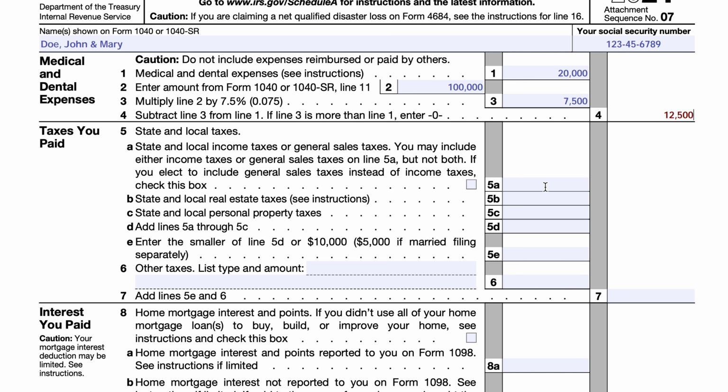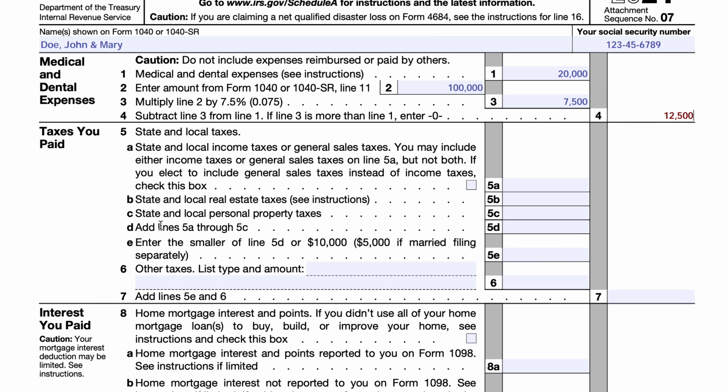On line A, you can include one or the other, but not both. There are several methods that you can use to determine which one you would be better off with.